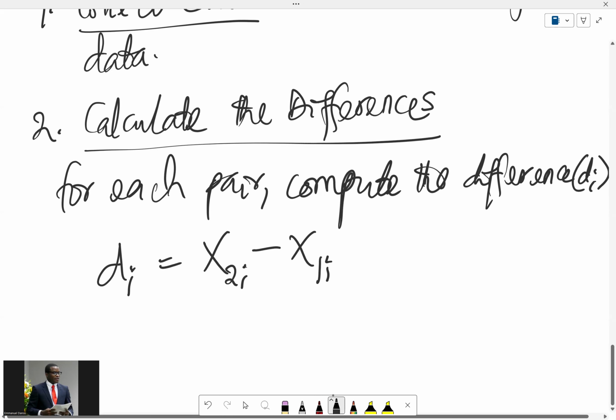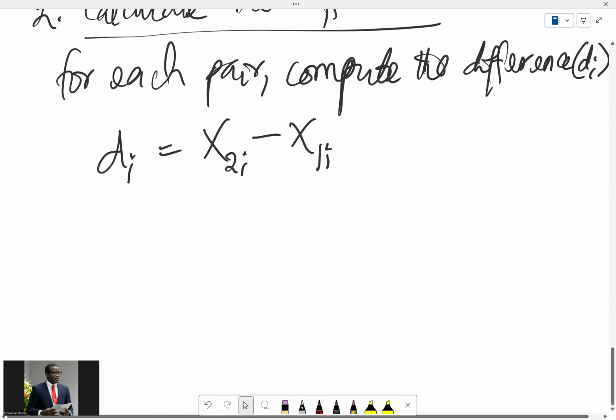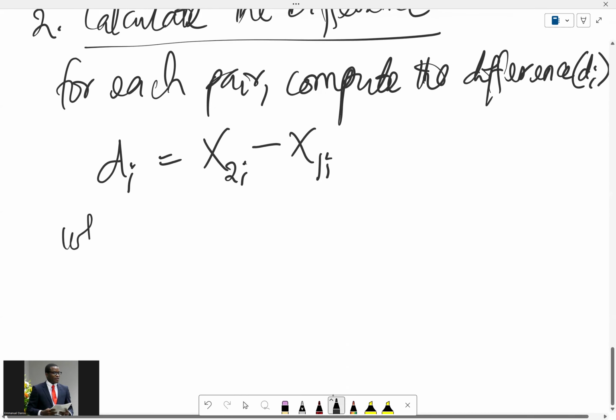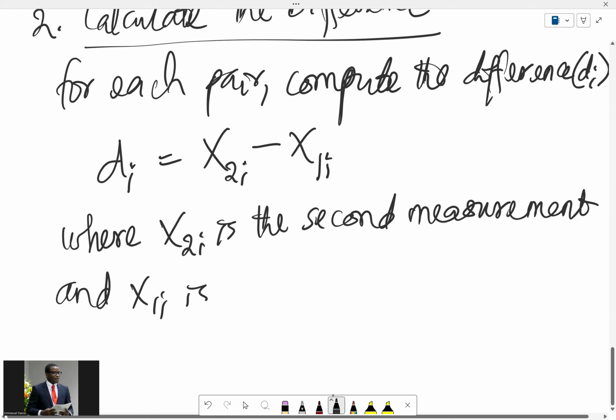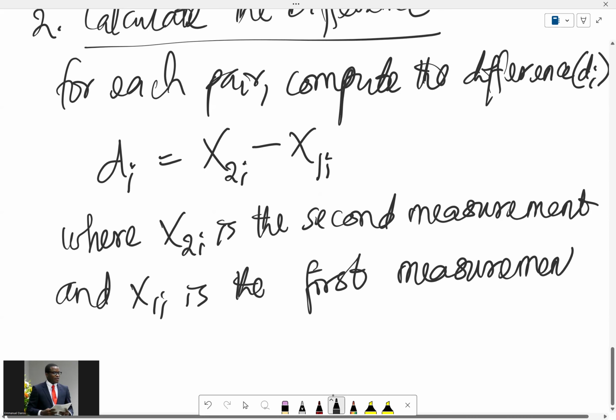That simply says the corresponding values, maybe math score and physics score, are subtracted. Here, x2i is the second measurement and x1i is the first measurement. So the second comes before the first.